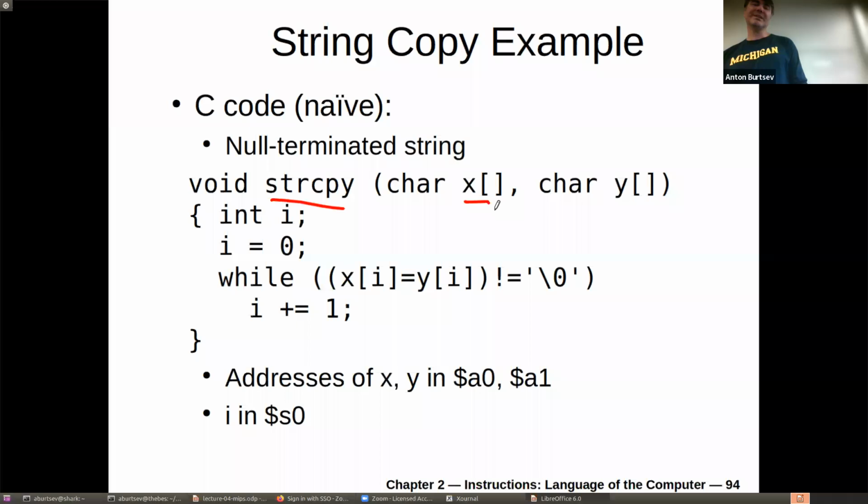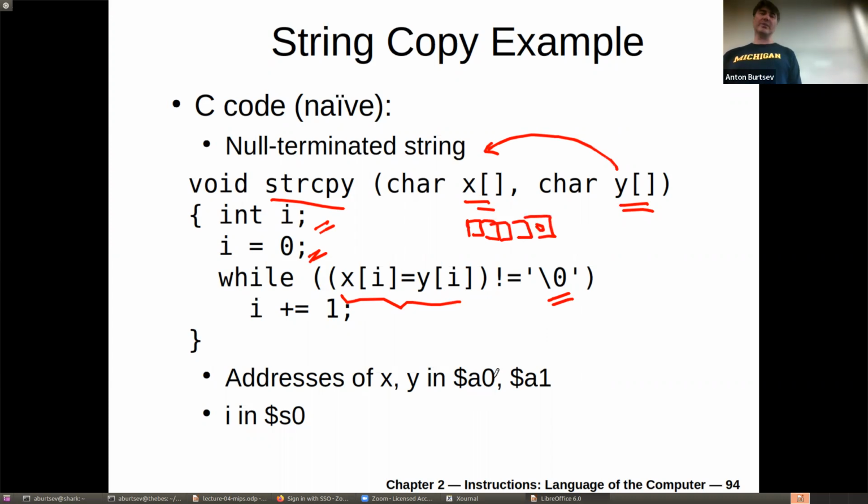Like in C, we can encode them as arrays, and it copies Y into X. So the C code will be something like: you have a counter i, which you initialize with 0, and then you go through the array until the element of the array is not 0, right? Remember, the string is represented with a collection of bytes, and the last byte is a magical byte 0. This is how you say in C that this is not the character 0, but actually value 0, right? And this is an assignment.